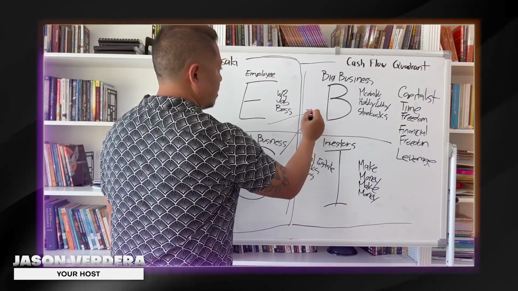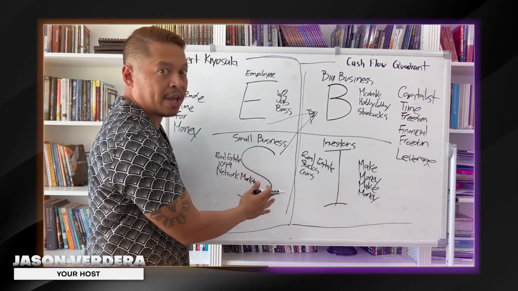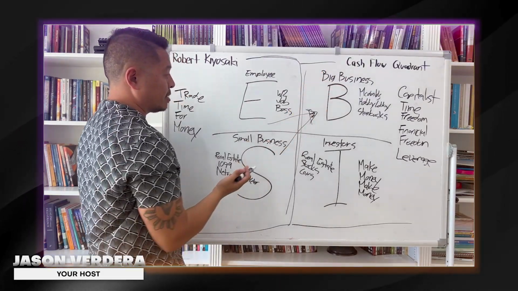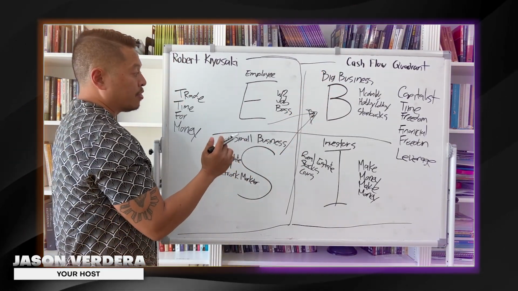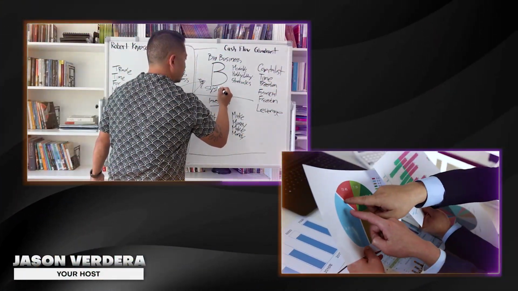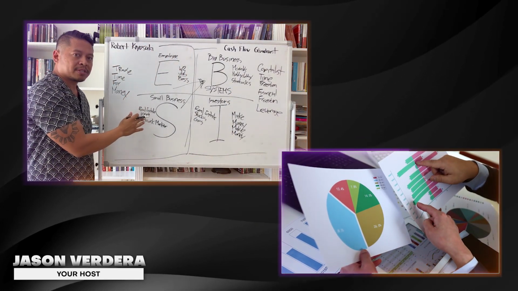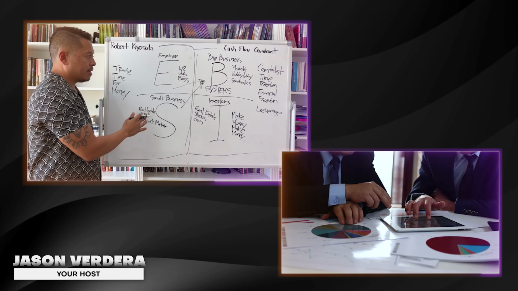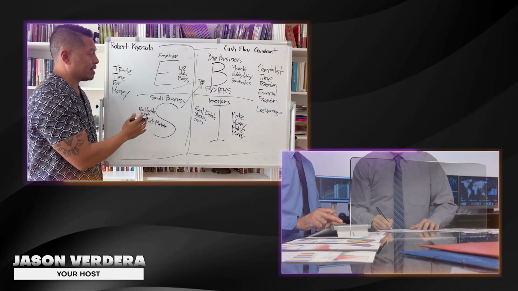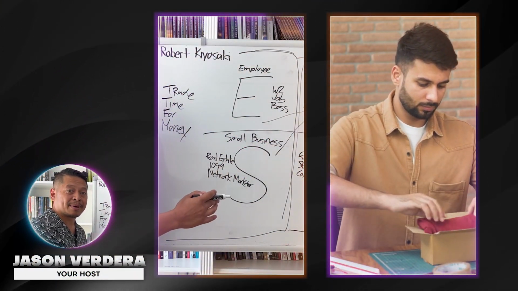What's the difference between a small business owner and a big business owner? Aside from the fact that one is a big business and one is a small business, the thing that separates them is systems. A small business owner does not have a system that keeps their business running and in place. Actually, in a small business, the owner is the system and does everything.